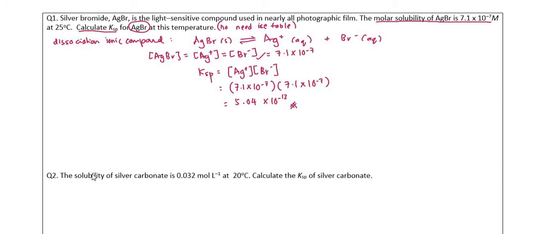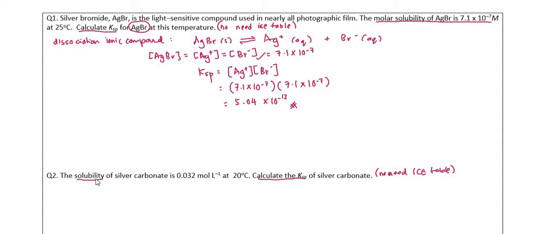Question number 2. The solubility of silver carbonate is 0.032 mole per liter at 20 degrees. Calculate Ksp. Again, calculate Ksp means no need for an ICE table. This time it just says solubility.